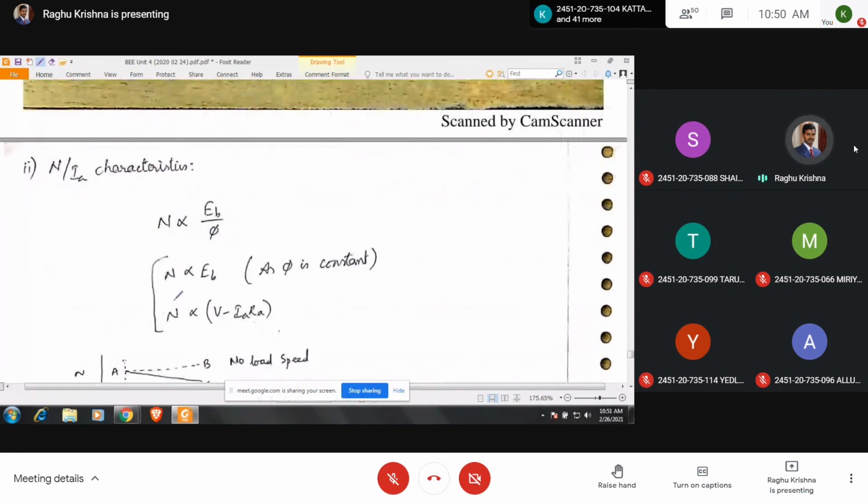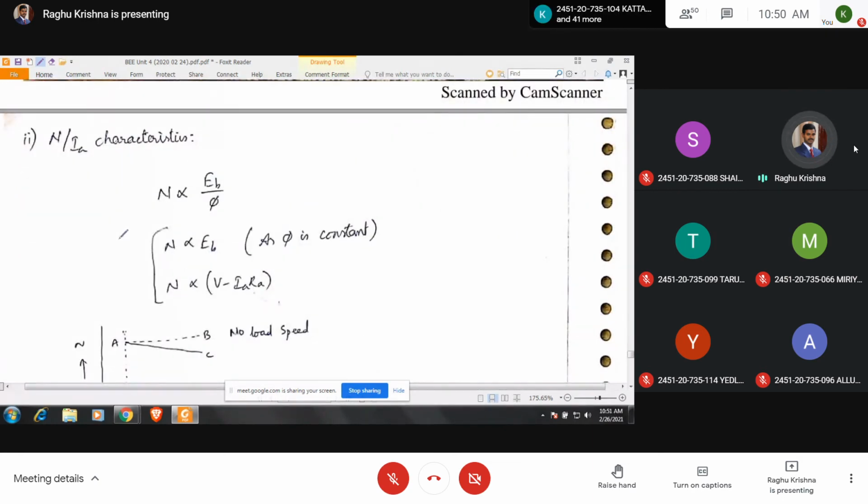Next, speed versus Ia. We know that speed is proportional to Eb by phi. Here phi is constant, so speed is proportional to Eb. What is Eb? V minus Ia Ra. Now if Ia increases, what happens to the speed? Speed decreases.